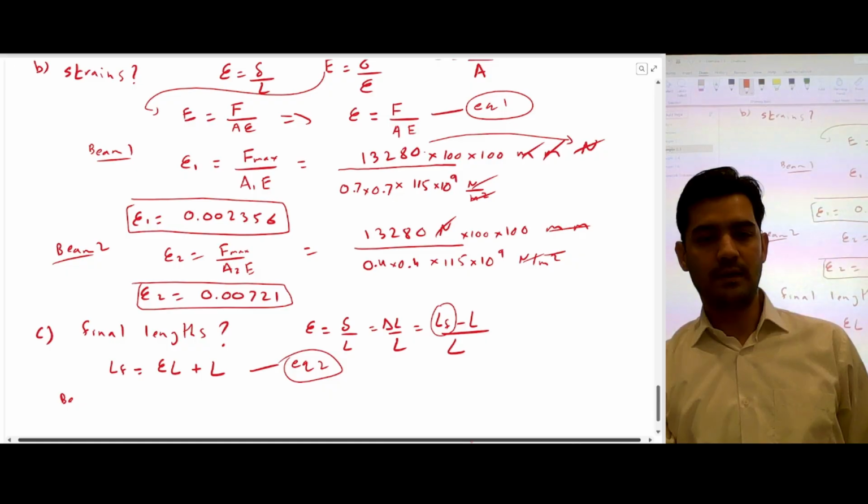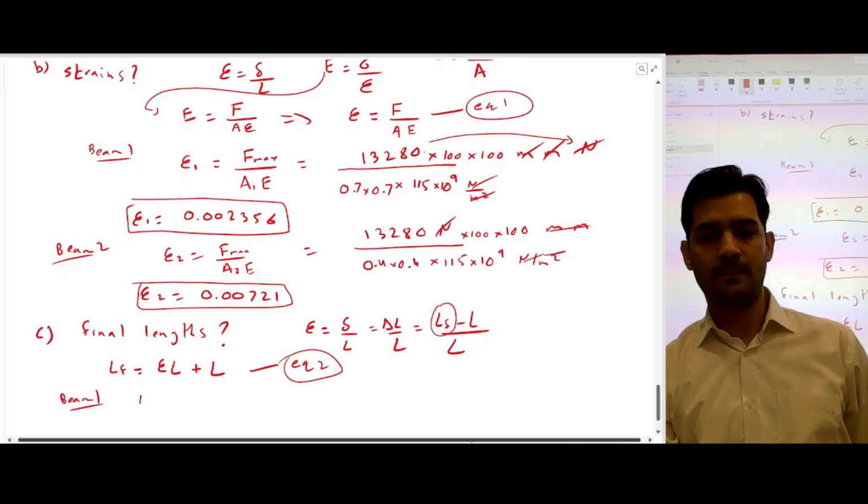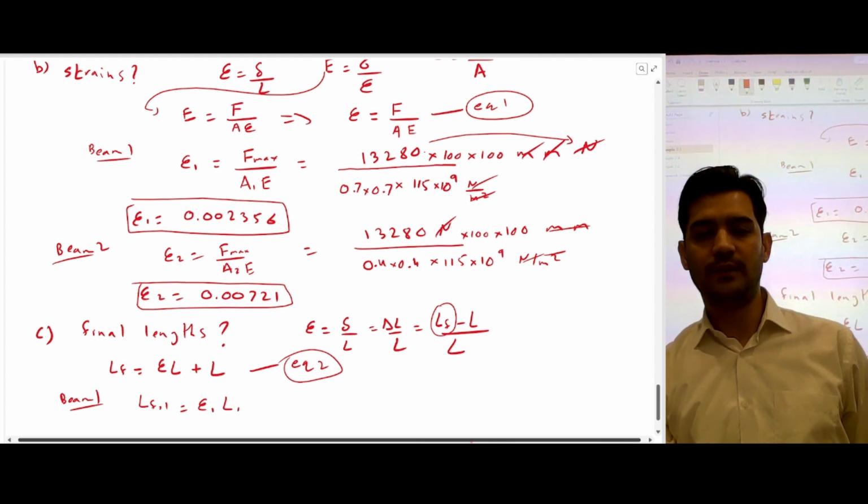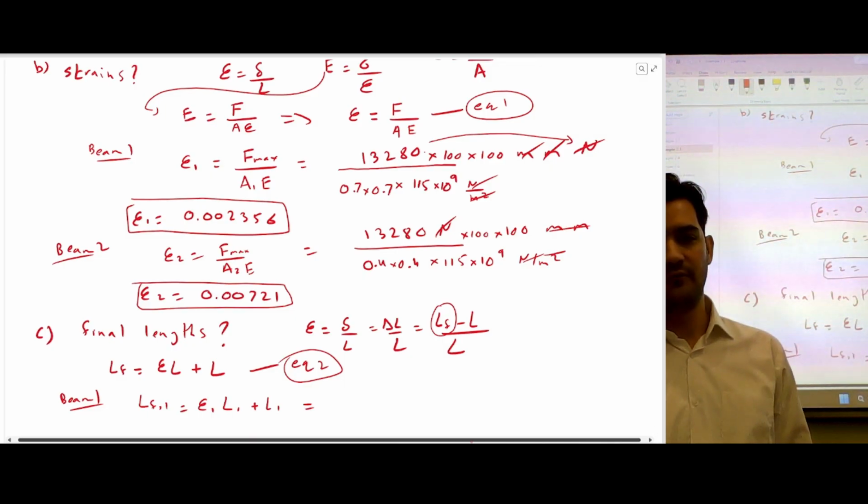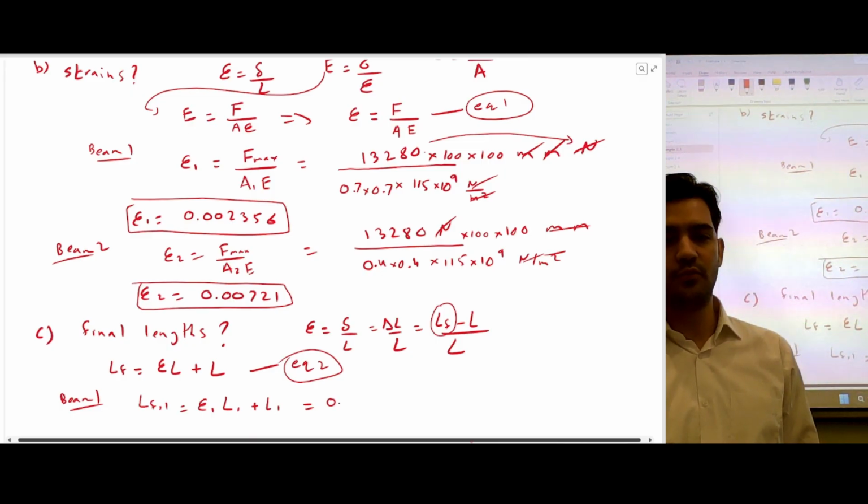So if we talk about beam 1, the final length for beam 1 would be strain times the original length of beam 1. What is the strain for beam 1? We have already calculated 0.002356.